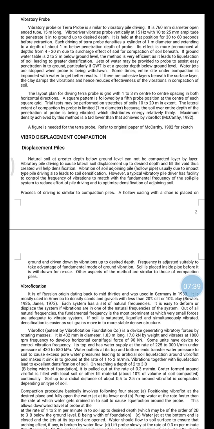In displacement, natural soils at a greater depth below ground level cannot be compacted layer by layer. At shallow depth you can compact the soil layer by layer, but for greater depths, layer by layer compaction is very difficult.